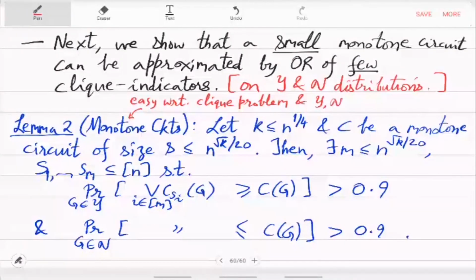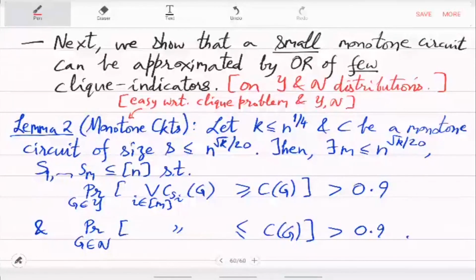That is what this lemma is saying. It's not a general result for monotone circuits. It's only for the clique problem. The function that we are interested in is the clique function, and the inputs that we are interested in are only yes and no instances. Only then does this make sense.